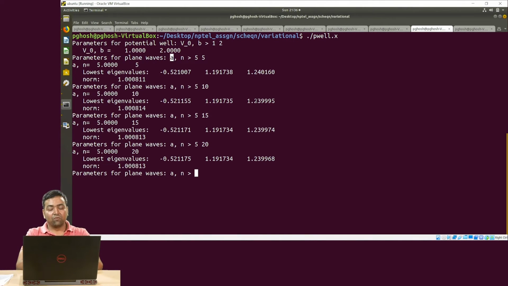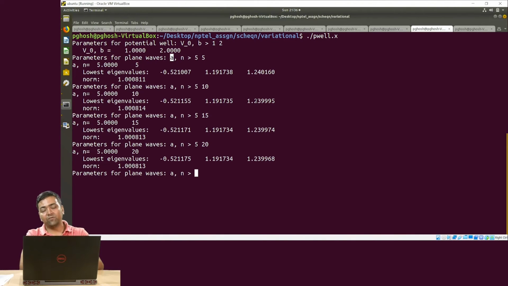So, what it means is that now I am not doing the calculations for a potential which is 0 everywhere except between minus b by 2 to plus b by 2. Instead, I am doing calculations for a potential which has a non-zero value from minus b by 2 to plus b by 2, and then again a non-zero value from minus b by 2 plus a to plus b by 2 plus a.